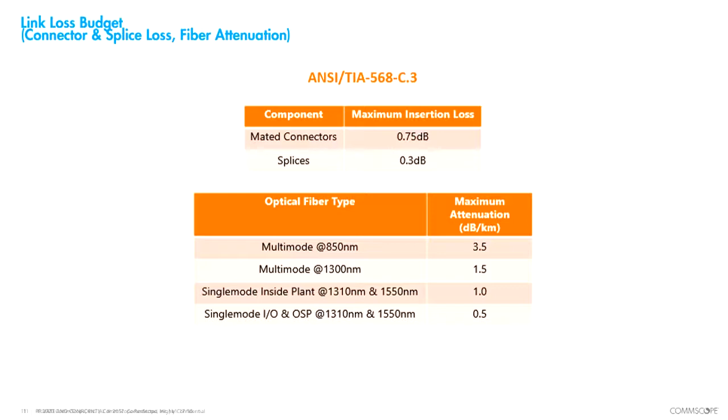There are also different values for the fiber attenuation of multimode and single-mode fibers at different wavelengths. For example, if you have a link with 2 connectors and 3 splices, then we multiply 2 by 0.75 dB and 3 by 0.3 dB, and adding them up with the cable attenuation gives the link loss budget.